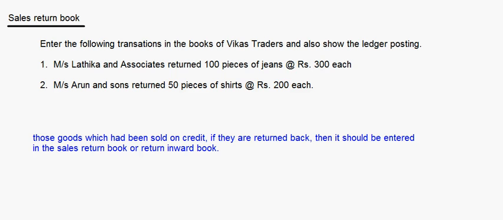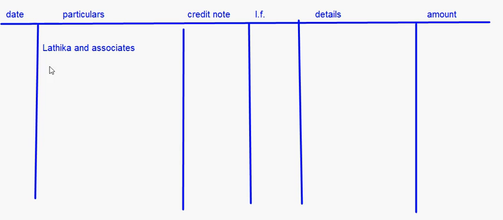Date is not given there. 100 pieces of jeans, 300 each. Here you will write 100 jeans of rupees 300 each. So that is 30,000 rupees, that will come here. And there's no trade discount as such, so it's only 30,000 here.